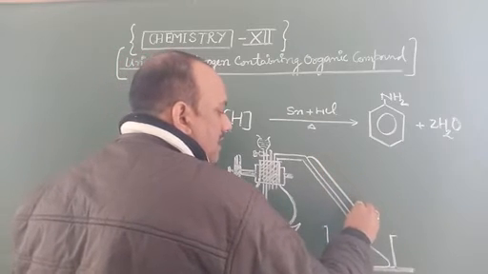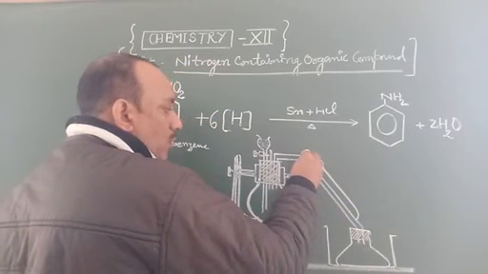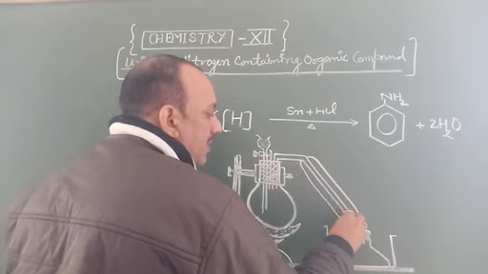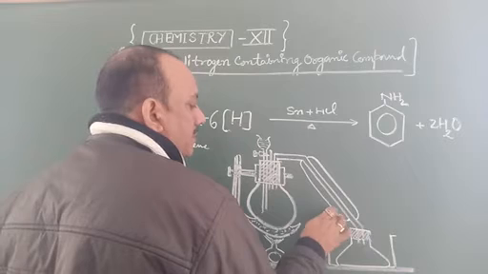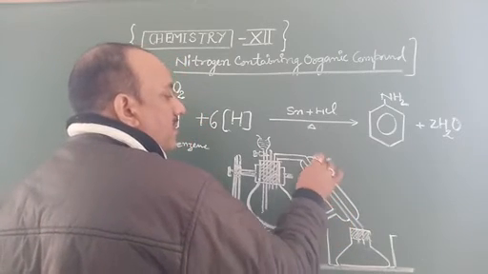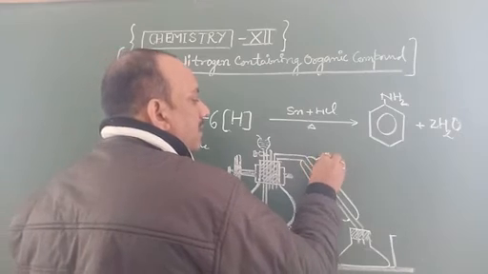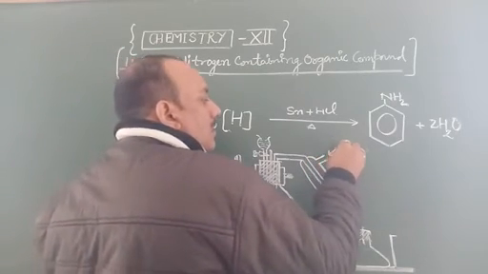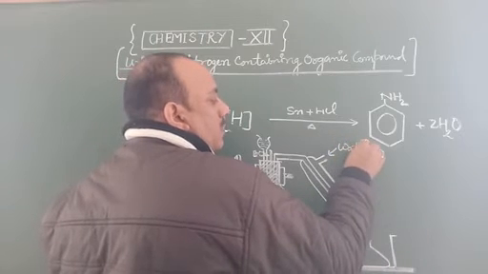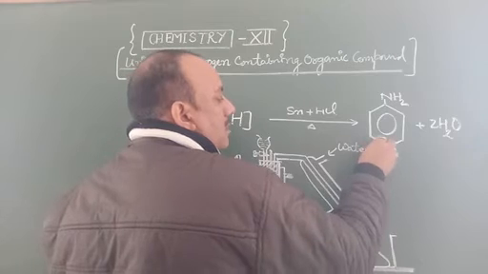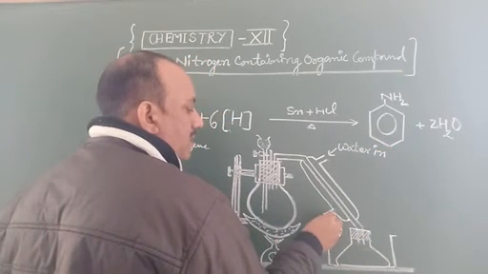In the Liebig condenser, one side cold water in and the other side hot water out for the cooling of aniline. Water in and water out.